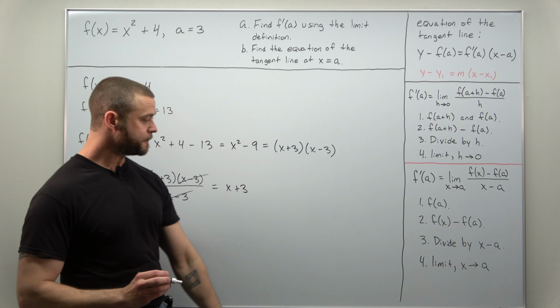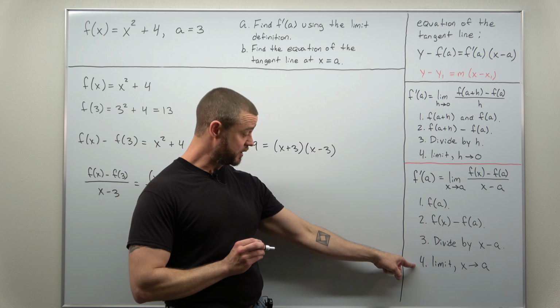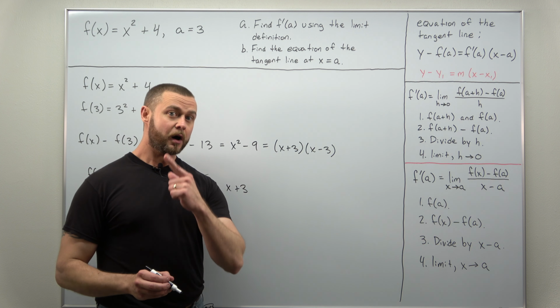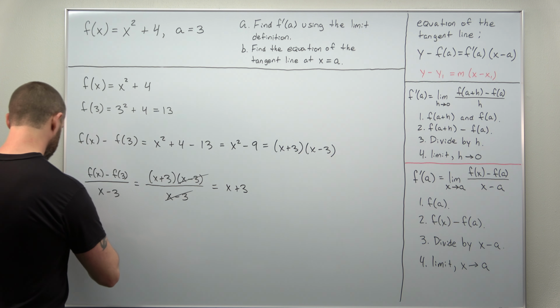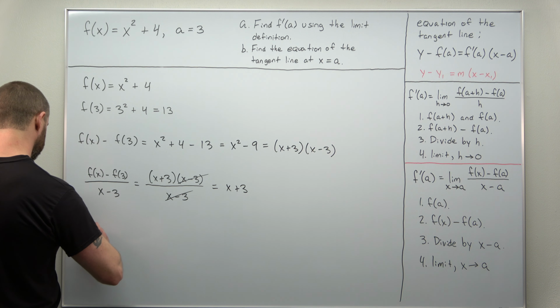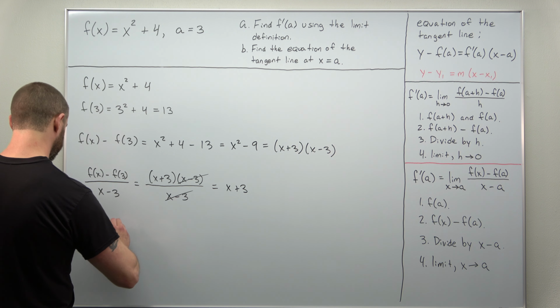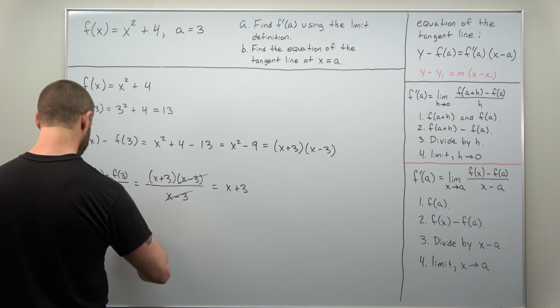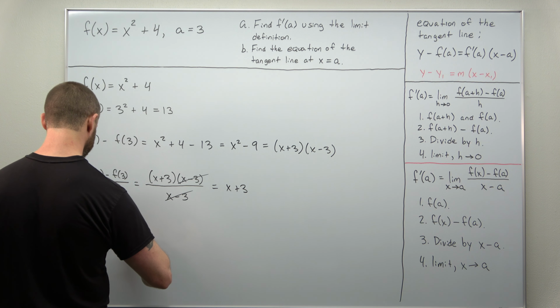Our final step with this second version for the limit definition of the derivative, we now take a limit as x approaches 3. And this gives us the derivative, the slope of the tangent line, but now we're taking a limit as x approaches 3.